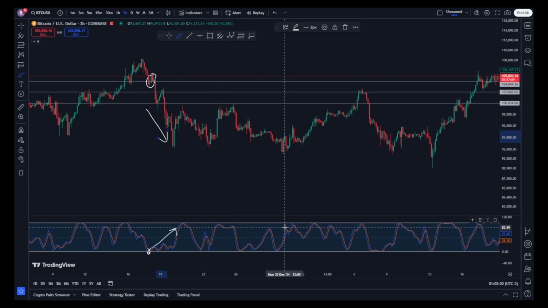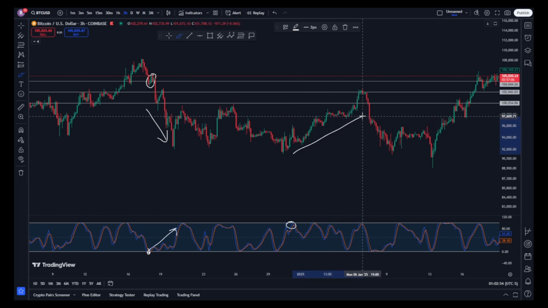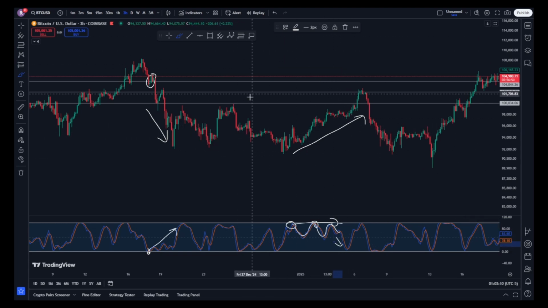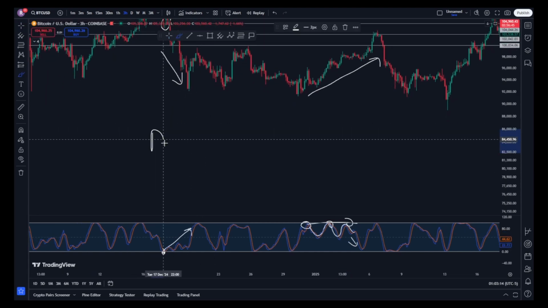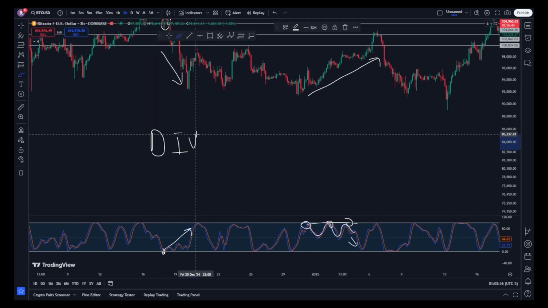If, for example, here you took a short, well, price rallied up all the way to 100,000 because the stochastic just kept pushing back up. So any one of these, you took a short, you would have been wrecked because even when it went down, price was still going up. And this is an important concept called divergence.